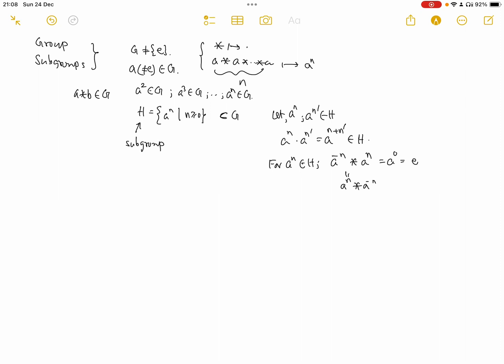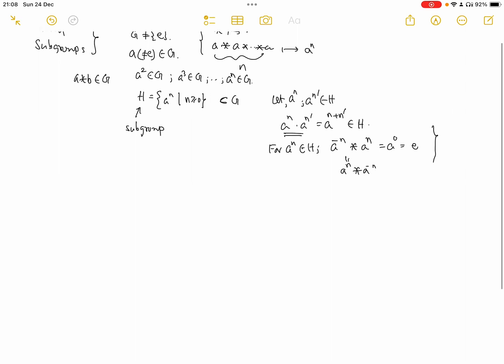Because in this subset we already have the closure property, that whenever you pick two elements from the subset, their product is inside it, and also for each element you have an inverse. And of course, if you pick n to be 0, you get the identity element. And associativity holds from the definition of the group because this is just a smaller collection of elements from the original group. So this becomes a subgroup.